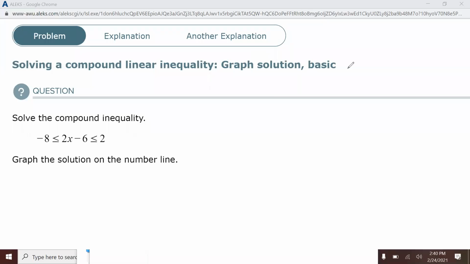Sometimes the compound inequality is disguised. This is actually an and statement. So to solve it, we do what we normally do. Whatever you do to one side, you do to all three.